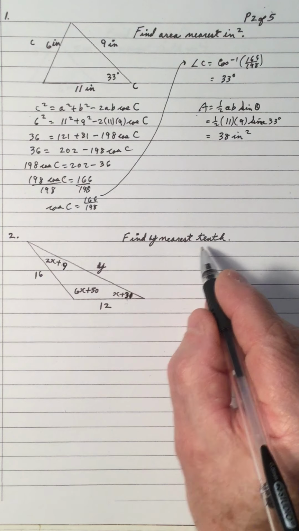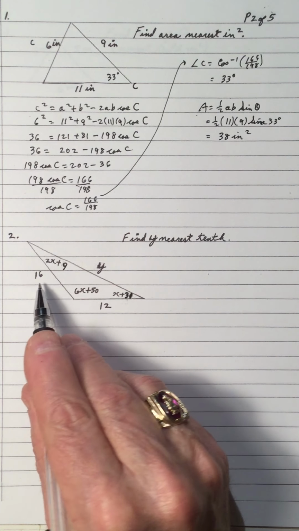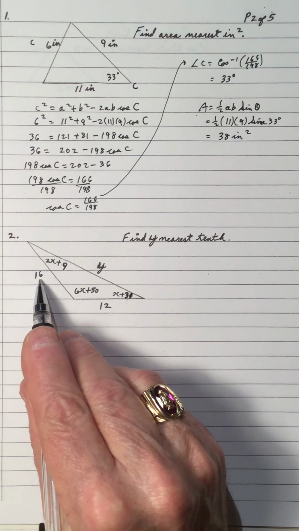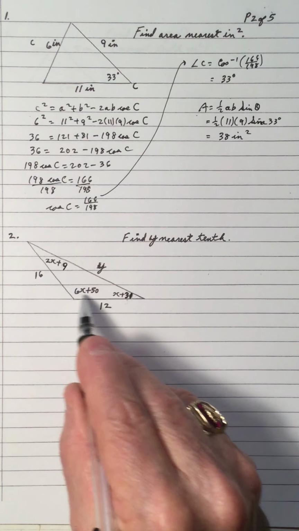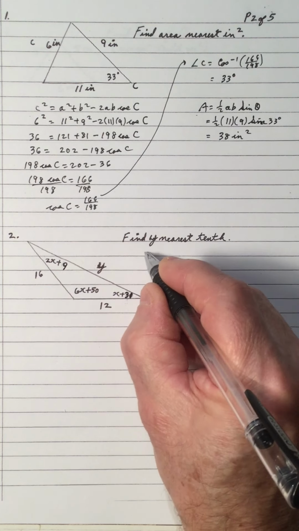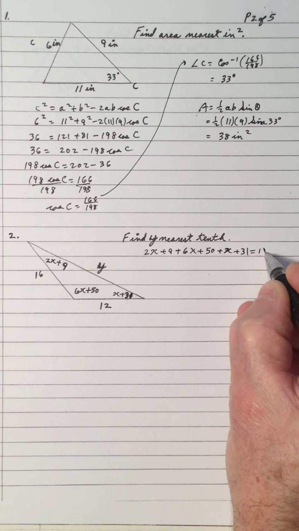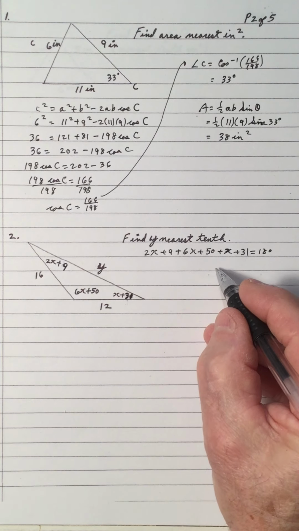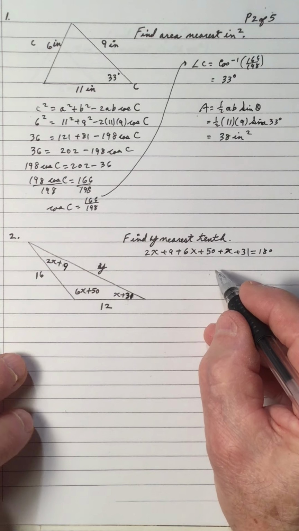Find y to the nearest tenth. We have a triangle with y, 16 and 12 as the sides, and these are the angles. So we need to get some angles. We know that 2x plus 9, add on 6x plus 50, add on x plus 31 is 180, because the angles of a triangle add up to 180.